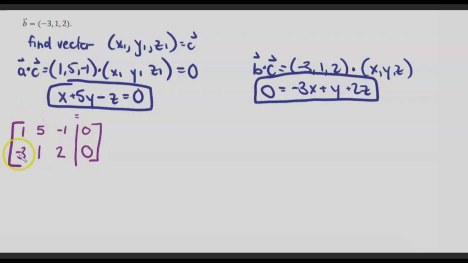So this first column represents our x, the second column represents our y, and the third column represents our z. Usually it's ax plus by plus cz and then a constant, our d value, but because we bring it over the equal sign, it's -d.